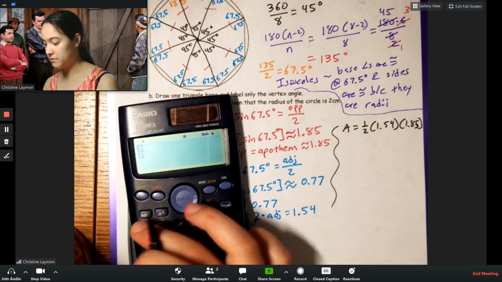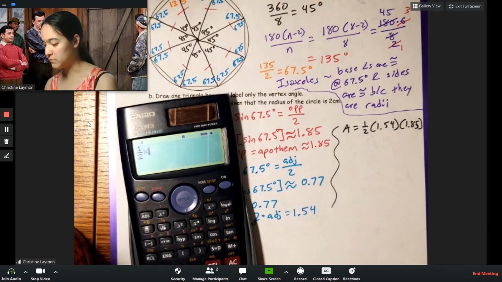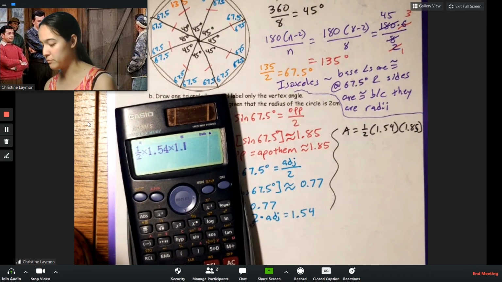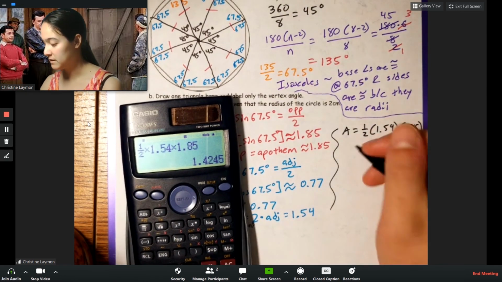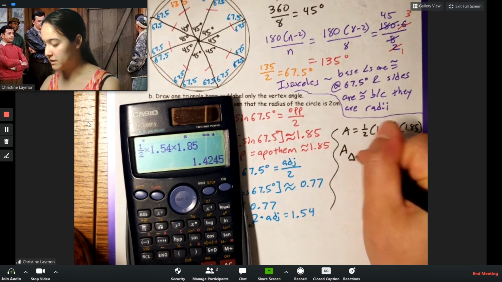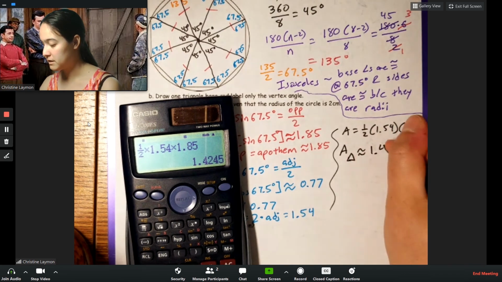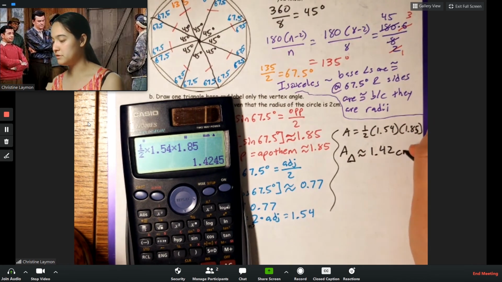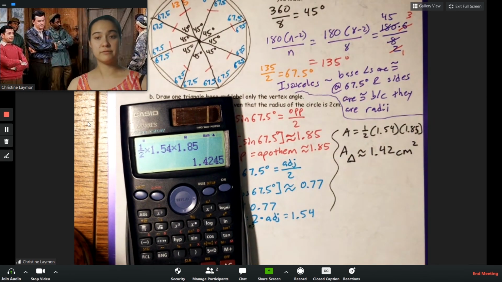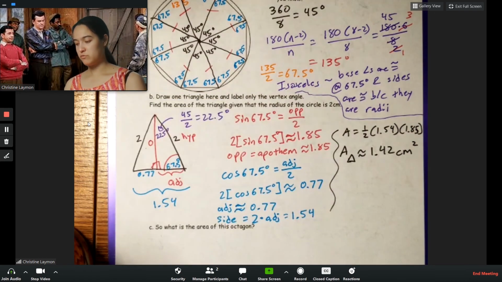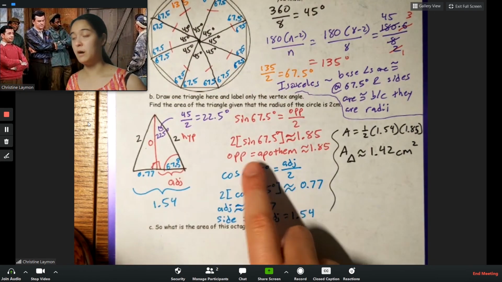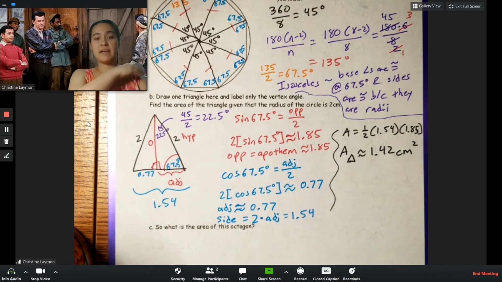So I have 1/2 times 1.54 times 1.85. So the area of a single triangle is approximately 1.42, and the units are centimeters squared. So remember, the apothem, which is opposite in this case, is the same thing as height.